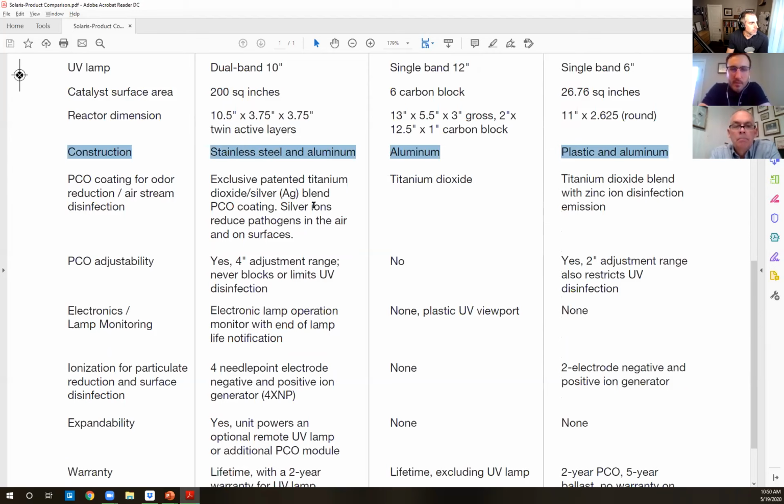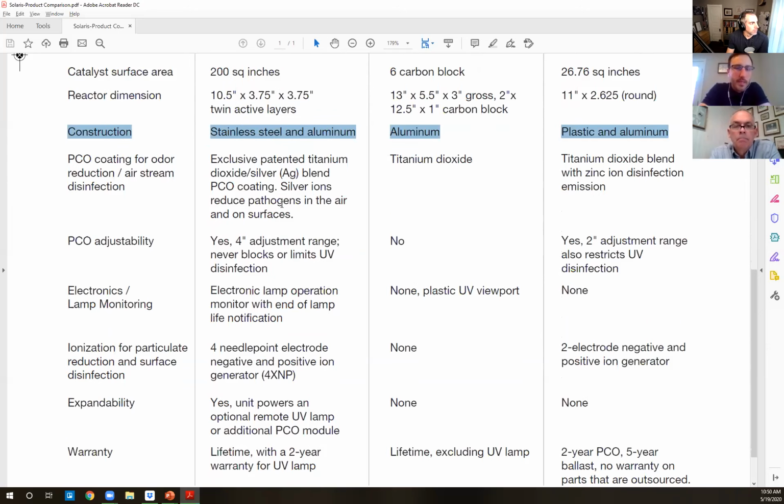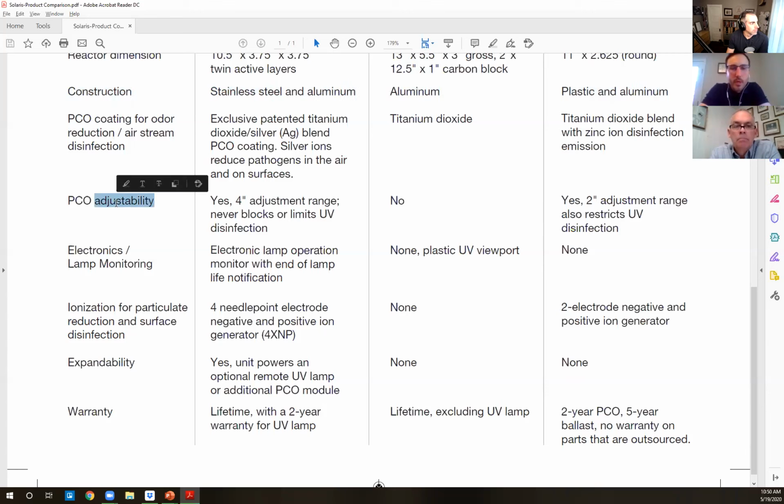Its silver ions reduce pathogens in the air and on surfaces. They use a titanium dioxide blend with zinc ion disinfection emission. PCO adjustability: we use a 4-inch adjustment range. It never blocks or limits UV disinfection. They also have an adjustment that is only 2 inches, and it does restrict the UV disinfection.